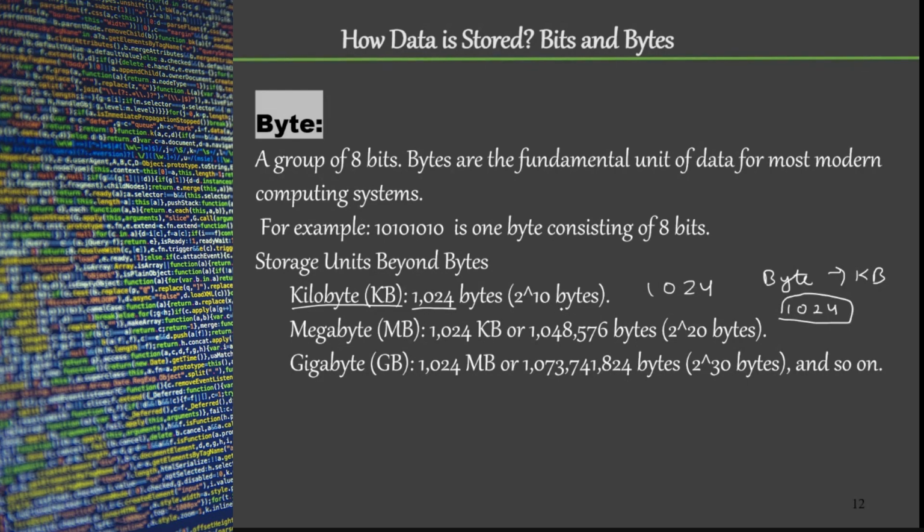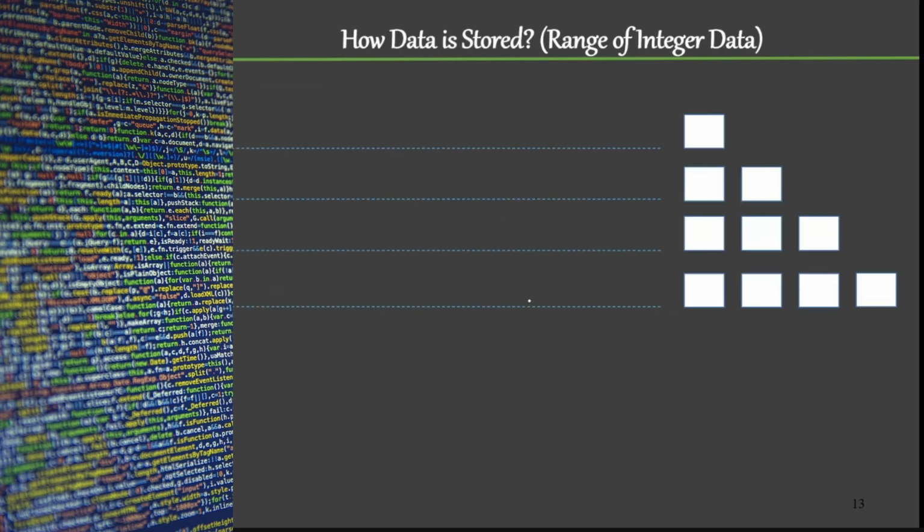So how many bytes is a kilobyte having? It's 2 to the power 10, because we have to work in powers of 2. Then like kilohertz, we have a kilobyte. For megahertz we have a megabyte, and for gigahertz we have a gigabyte. But just remember that here we are multiplying by 1024, and it is very close to 1000, and it is in an order of 2 to the power 10 also.